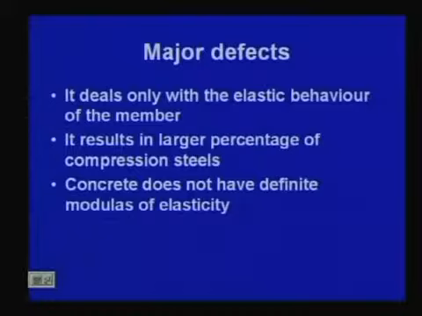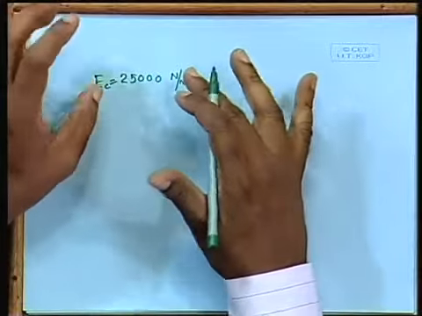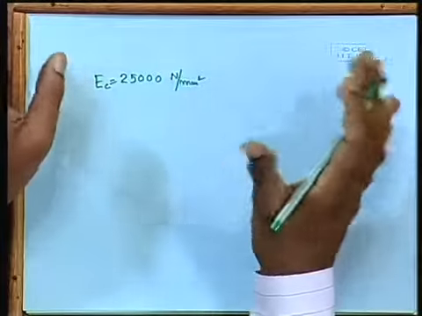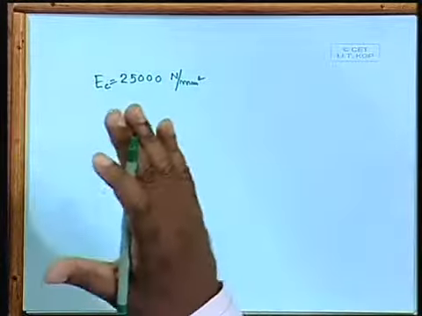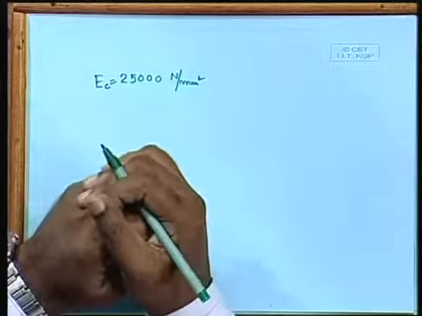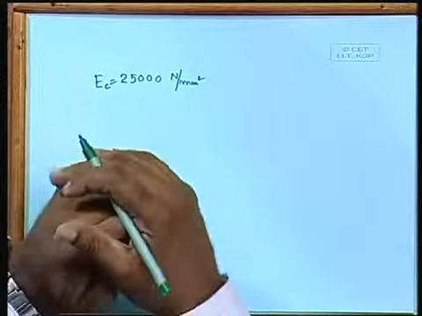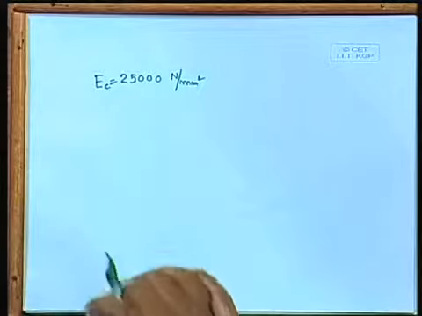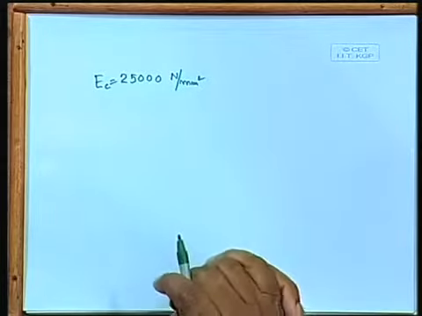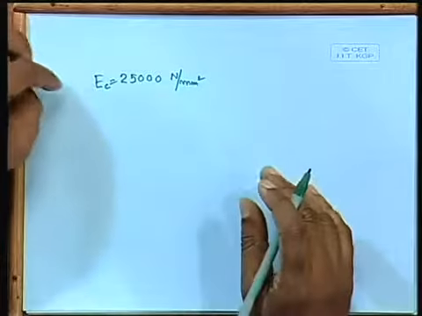It is dependent on the cube strength. For different cubes you will have different values, but approximately I can say 25,000, 22,000, those values. We shall come back to the definite formula, that 5700 root over fck. So that way also we can compute what our code says. For the time being I am not telling that.